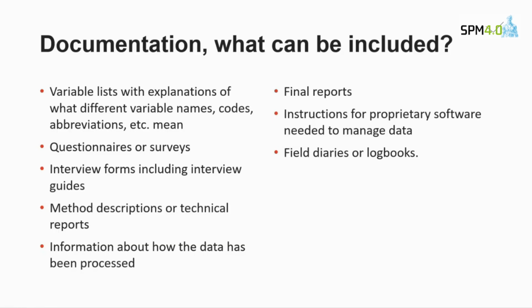You don't need to go down to that level, but at least say whether this is what came out of the instrument, or whether you've gone through and shaved off all the hairy bits. Reports, instructions for proprietary software, field diaries, logbooks, that type of thing. Anything that helps someone else reuse your data set, you can put in.